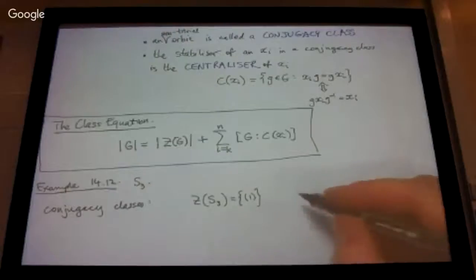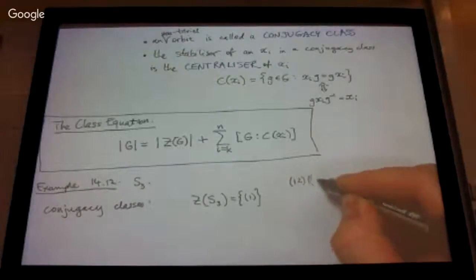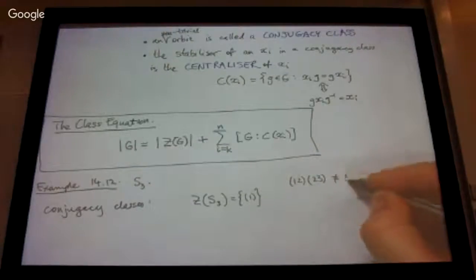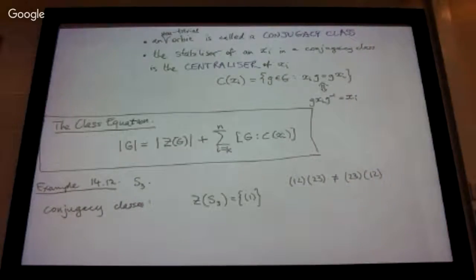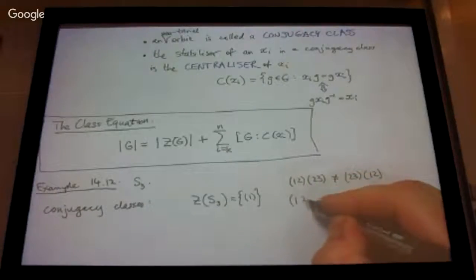It's quite easy to check because you've got (1 2). When you do (1 2)(2 3), it's not the same as if you do (2 3)(1 2). So no 2-cycle commutes with everything else, because it doesn't matter that I took (1 2); I could have taken any other one. And it's the same for the 3-cycles, of which there are only 2, (1 2 3) and (1 3 2).